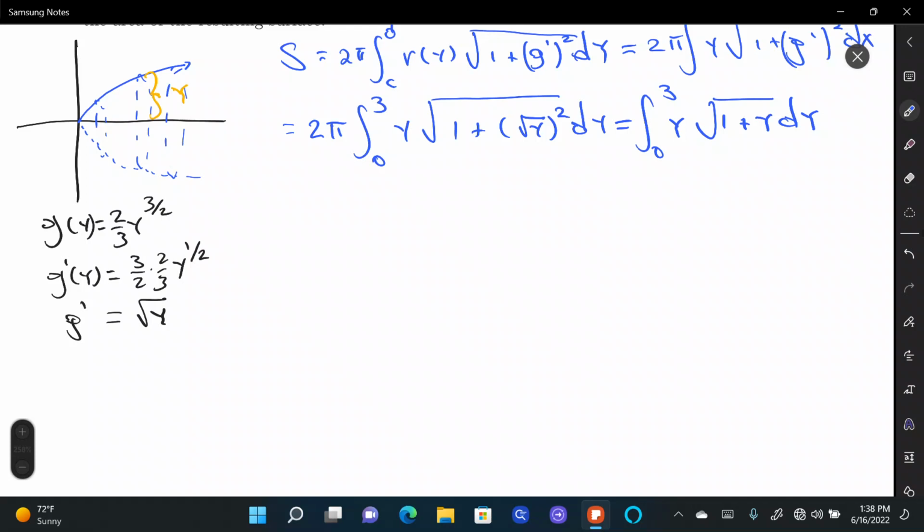Alright, let's have a look at this one. So, the minute we see this integral right here, number one, which method is the best to evaluate this integral?